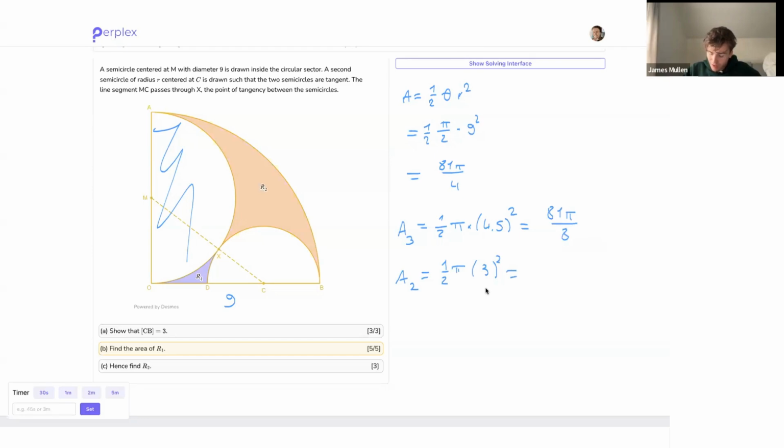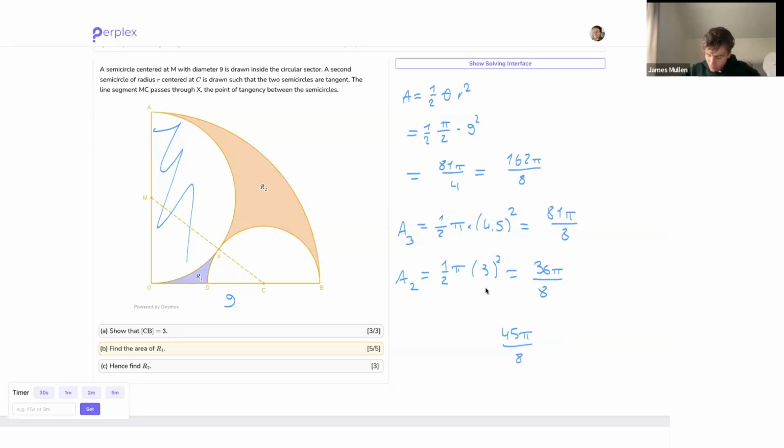And this gives me 9 pi over 2, which over 8 would be 36 pi over 8. All right, and this one is 162 pi over 8. So if I subtract all of those, I get 162 minus 81 minus 36 is 45 pi over 8. And that's the area of R1 and R2 combined, okay?